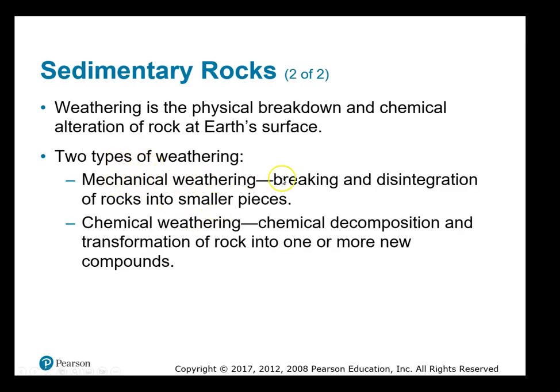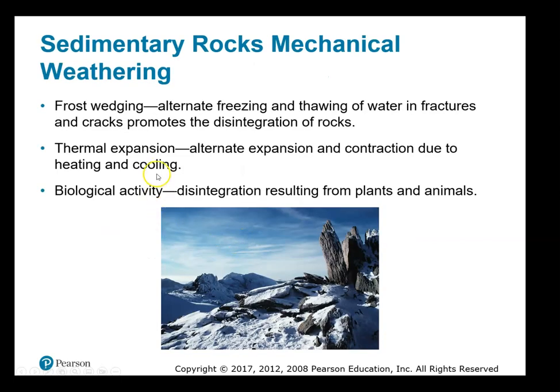The mechanical weathering, we just mentioned that. The chemical weathering is primarily through water, and of course there are different chemicals in the water. That's the primary thing that goes on, the chemical weathering. All right, so this is that same picture I just showed you.